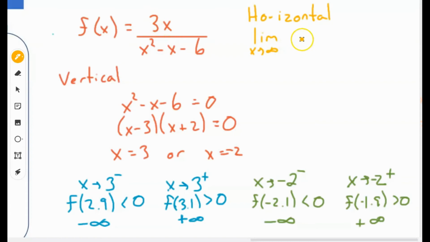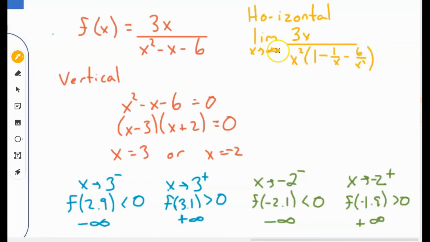And let's pull out a 3x on the numerator, which we don't have to do anything with that. And in the denominator, we're going to pull out an x squared, which will leave us with 1 minus 1 over x minus 6 over x squared.